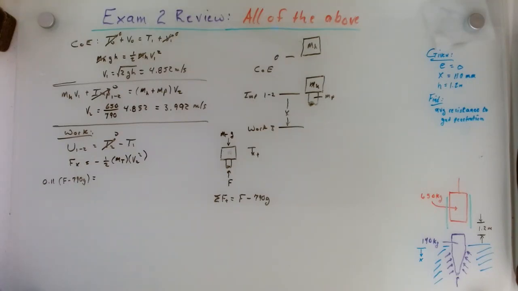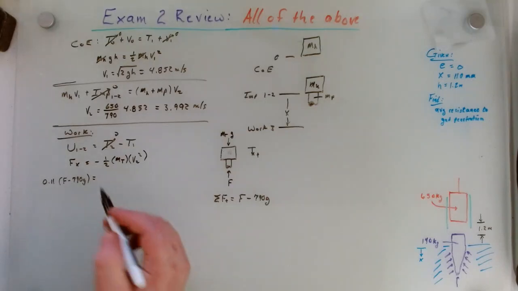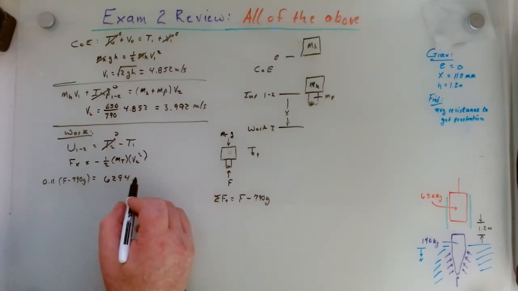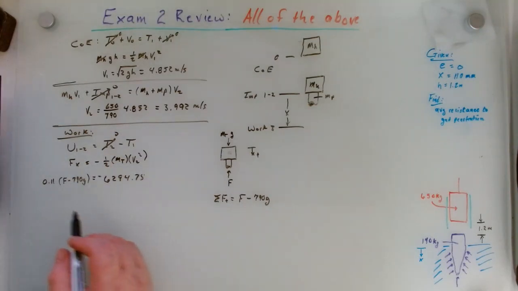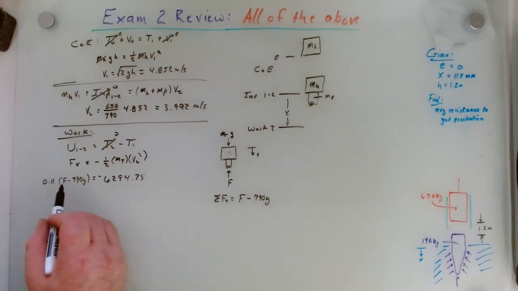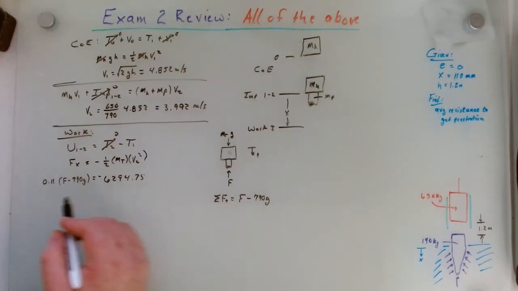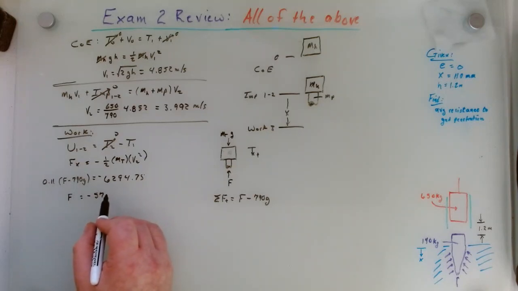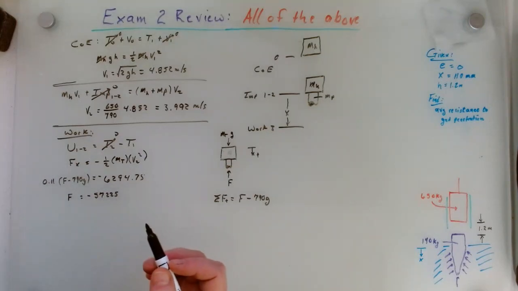Okay, 790, and then 3.992 squared. Okay, and that is 6294.75. So then we divide it by 0.11. Okay, so then we get that F is equal to minus 57,225.